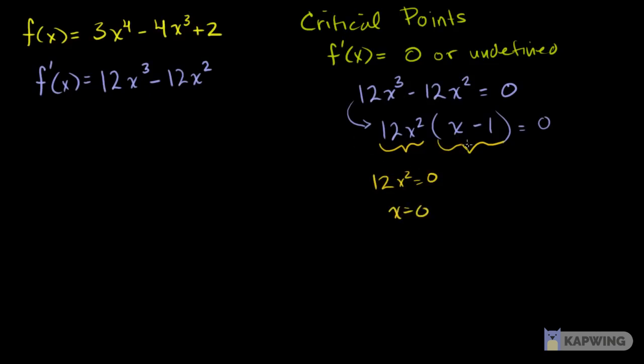And then the other thing that would make this quantity 0 is if x minus 1 is equal to 0. So x minus 1 is equal to 0 when x is equal to 1. So these are our two critical points. Our two critical points are x is equal to 0 and x is equal to 1. And remember, those are just the points where our first derivative is equal to 0, where the slope is 0. They might be maximum points, they might be minimum points, they might be inflection points. We don't know.